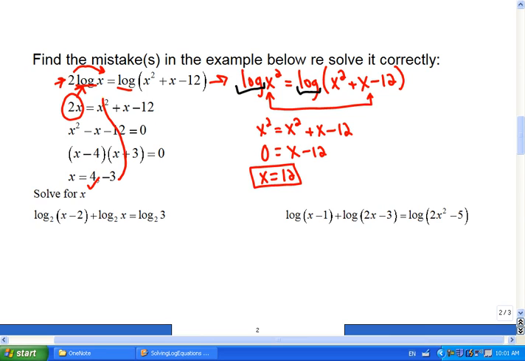If we try to put a -3 in there, it won't work because a logarithm can't be negative. So that means I have to reject this. So had that actually been the answer, that's another mistake the person had made, is you didn't check their answers. Okay. If we look back at our answers, 12 is going to be fine when I put it into both of those. So yeah, 12 will work.